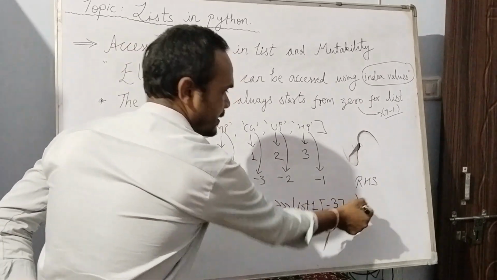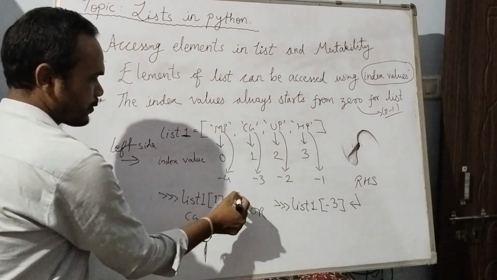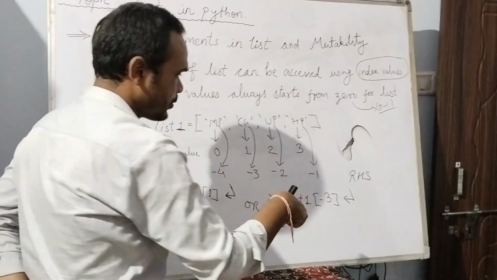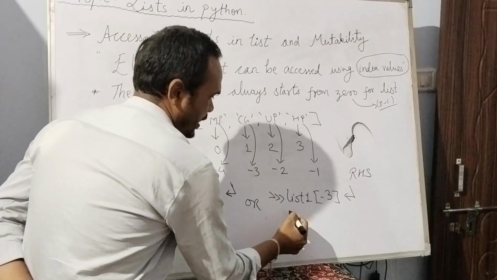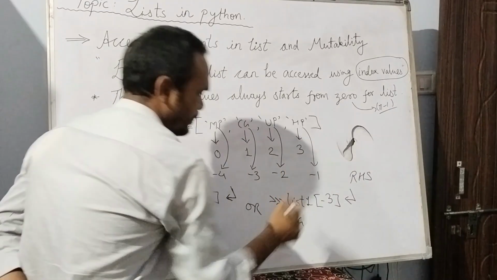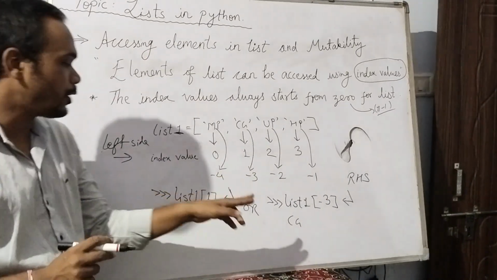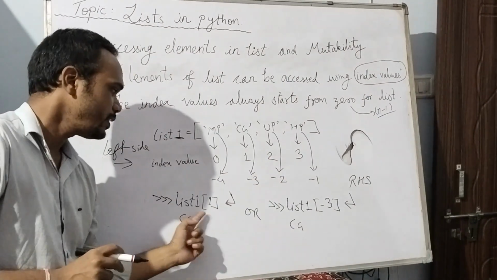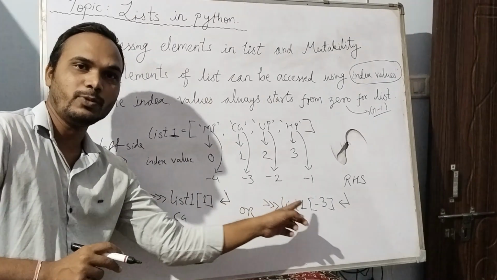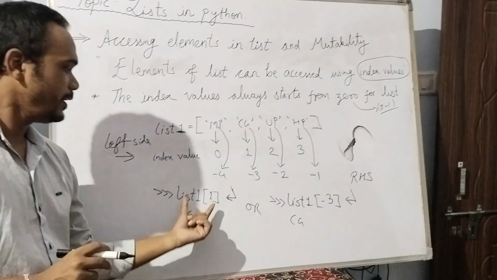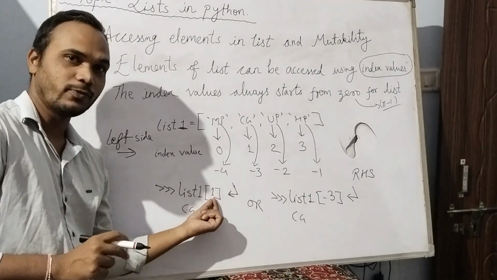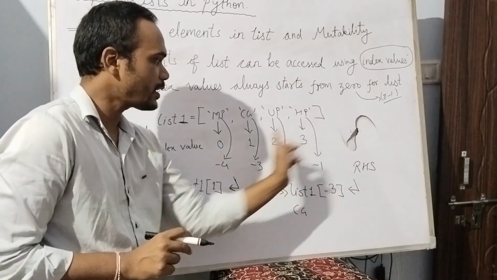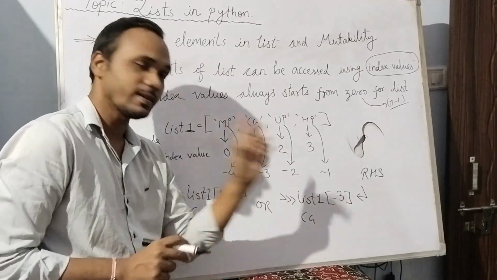When you press enter, it will again give you the output CG. Why? Because the index values from the left hand side and the right hand side are mirror reflections of each other. When you pass the index value 1, it goes to CG, and when you pass -3 from the right hand side, it reaches the same value.